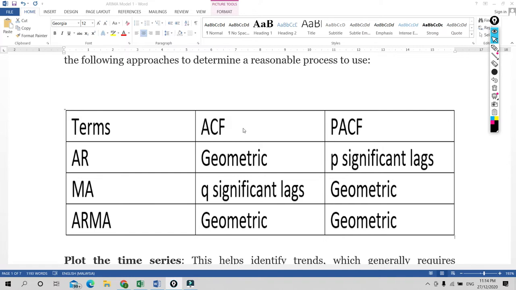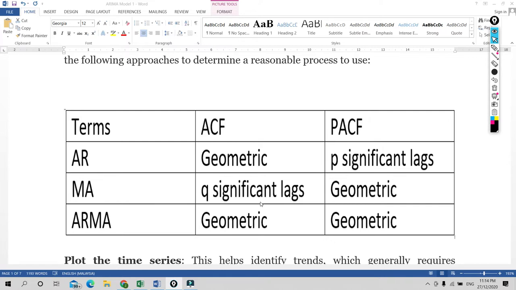ACF is the autocorrelation function, and PACF is the partial autocorrelation function. For the AR model, if the autocorrelation function tails off as a geometric series, and your PACF has P significant lags, then we select the AR model.